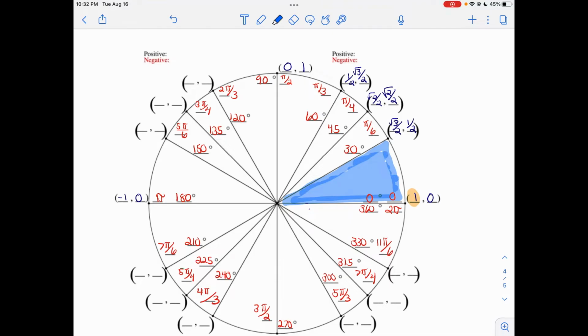Now remember from last video, your reference angle in quadrant 1 is equal to your original angle. So my reference angle here is going to be equal to my 30 degrees, or pi over 6.